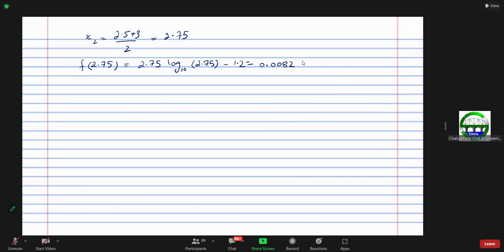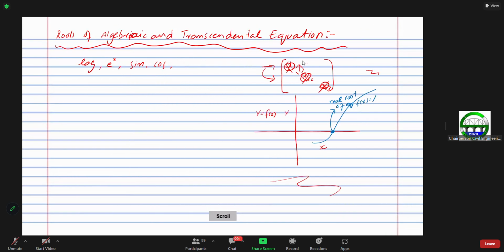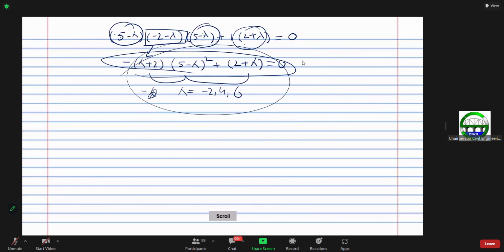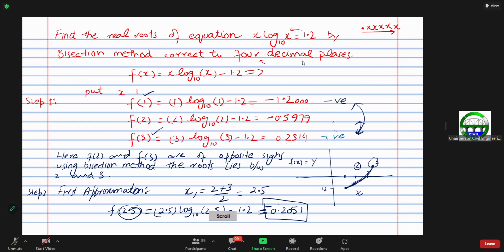So f of 2.75 is 0.0082. This is positive, and f of 2.5 is negative.